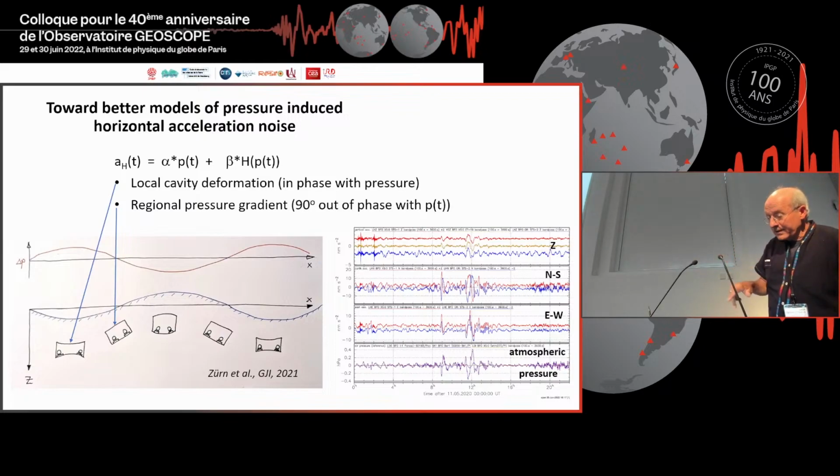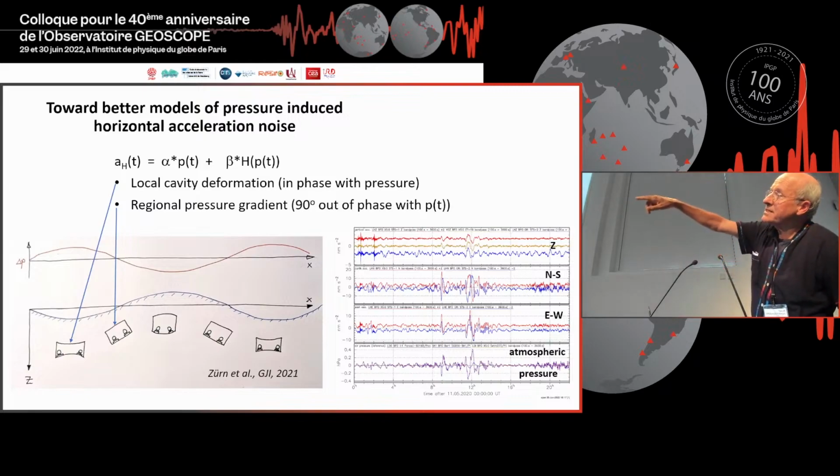If you look at the lower left picture, pressure is maximum, the surface gets indented, and if you apply pressure to a half space and you have a cavity in there, then the floor warps upwards, the ceiling warps downwards, and if you have a seismometer on the left and on the right of this cavity, they will tilt away, in opposite directions.